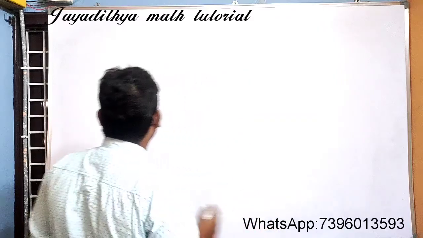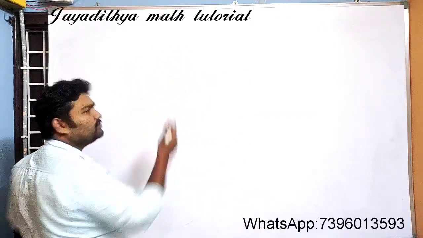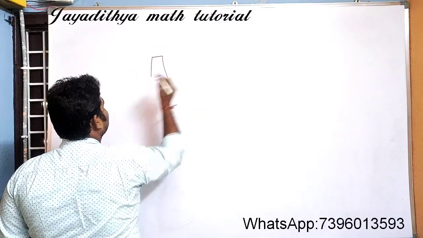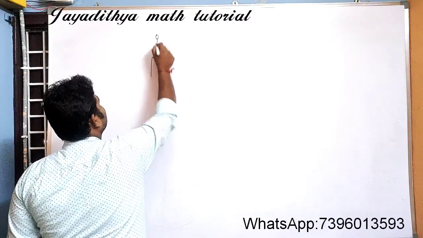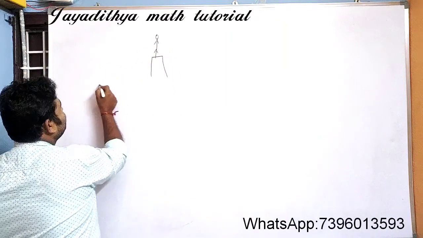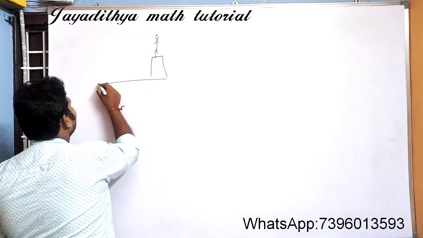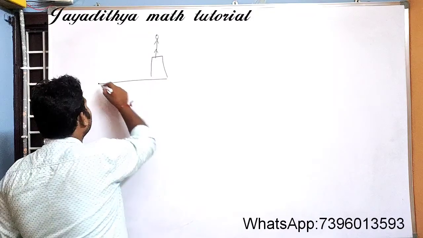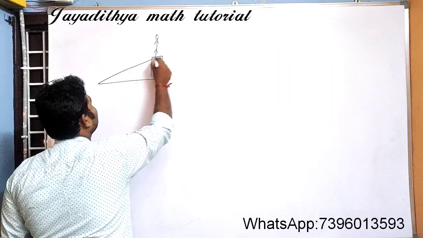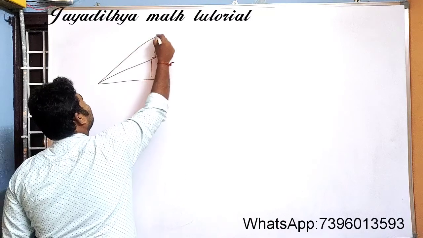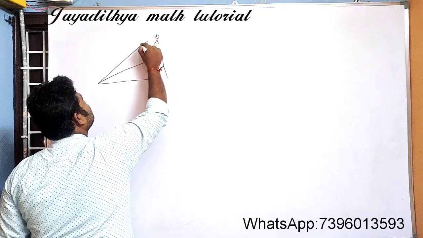So see here, let us think. First of all, try to understand the question. Suppose there is a pedestal, and on this there is a statue. If you observe from a point on the ground, there are two angles of elevation. One is the angle of elevation of the top of the pedestal, and the other is the angle of elevation of the top of the statue.